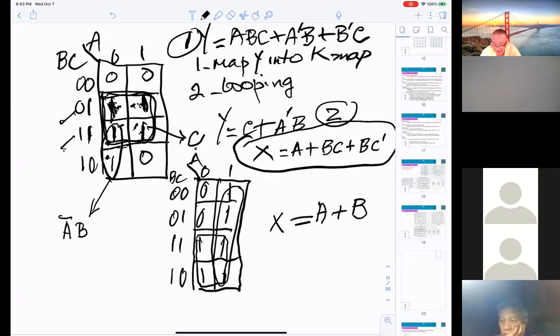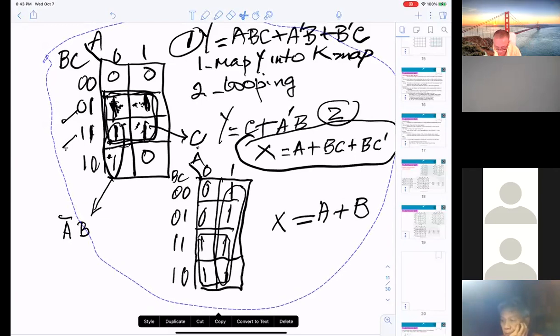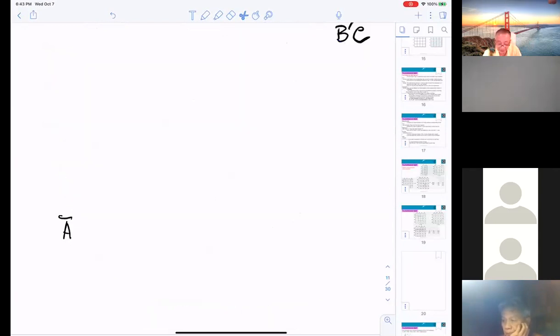Now, we try getting the next one. On that one, you don't have to map. I gave it to you, but it's a little different.